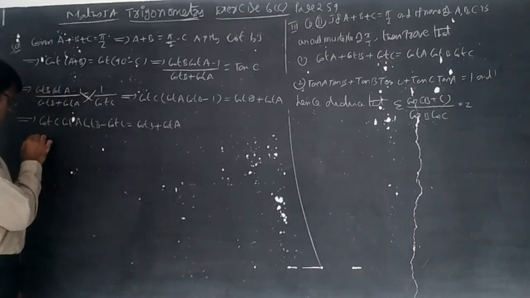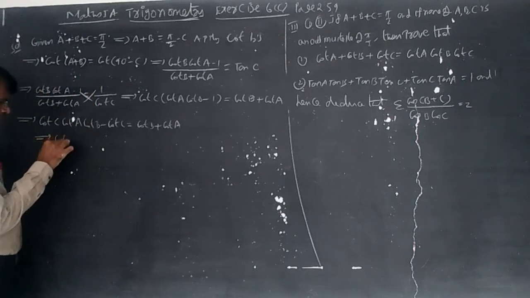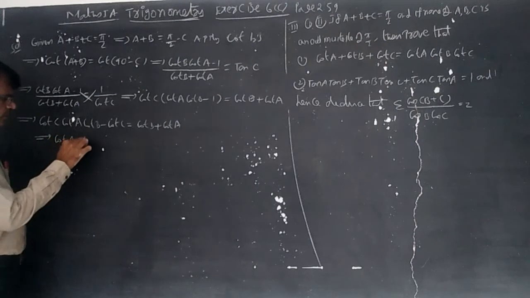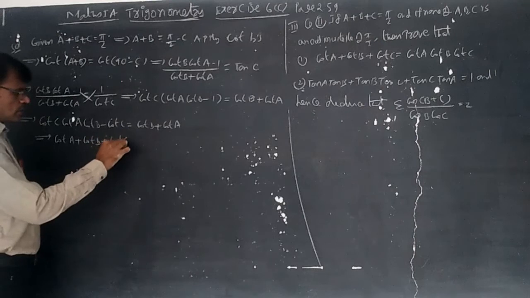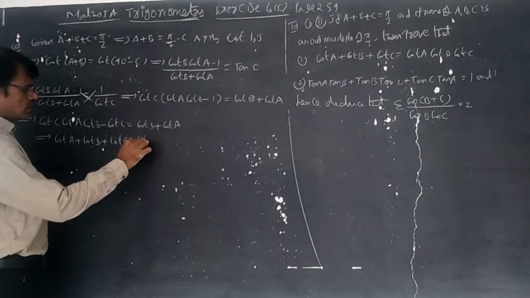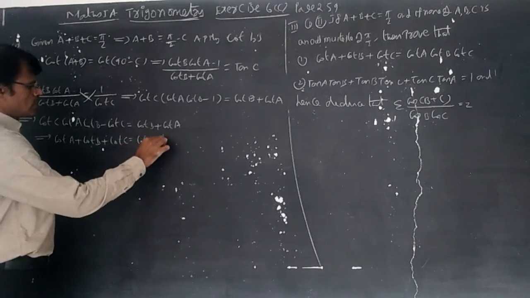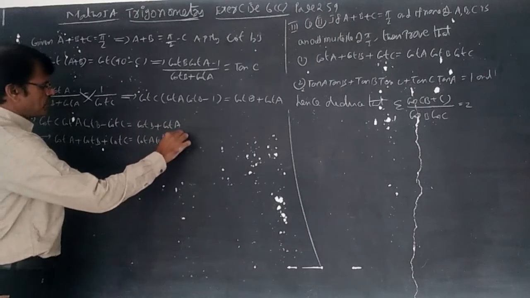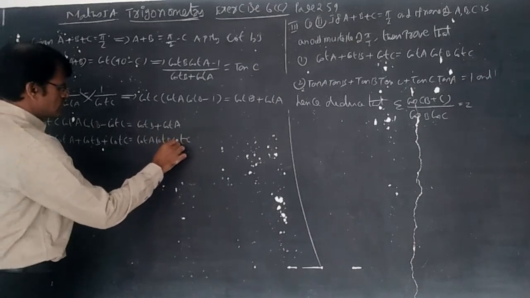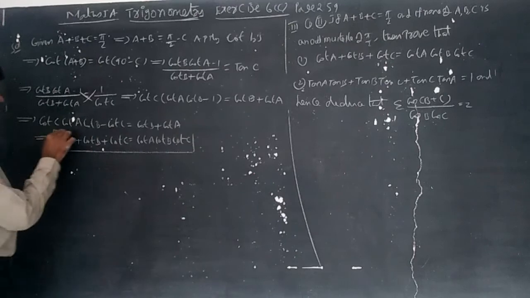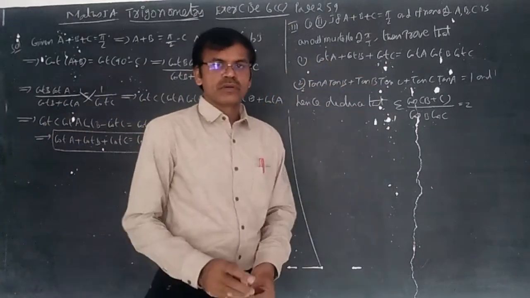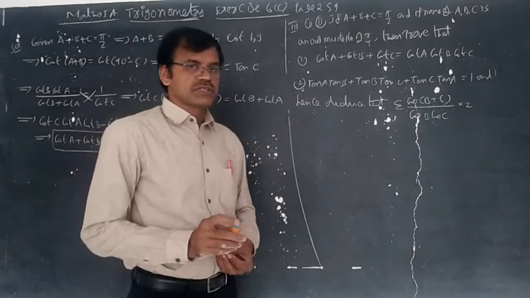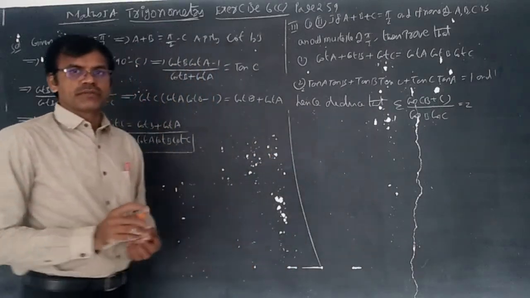That implies cot a plus cot b plus cot c is equal to cot a into cot b into cot c. This is the first proof. Next proof, tan a tan b plus tan b tan c plus tan c tan a is equal to 1.